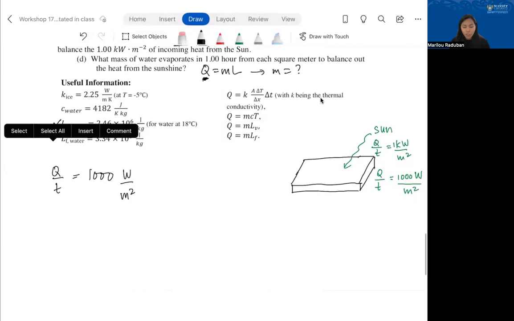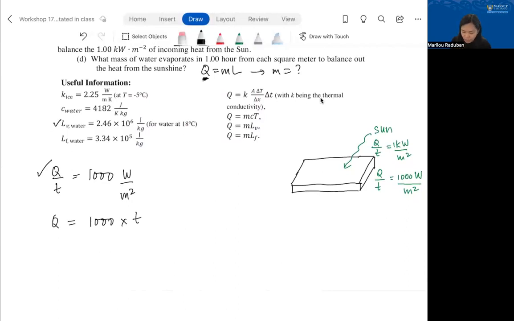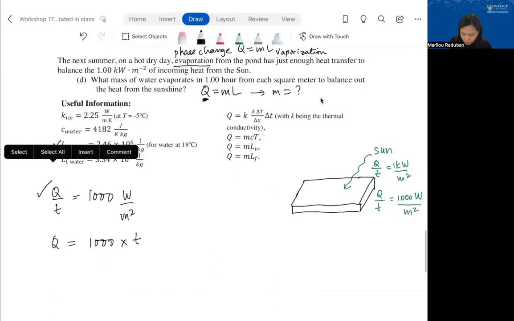Where will we find Q? We can find Q from here. We know that Q over T is equal to 1,000 watts. We want Q, we don't want T, so we have to multiply that with T. 1,000 joules is transferred every second, which means we need to figure out how much Q is transferred in 1 hour.